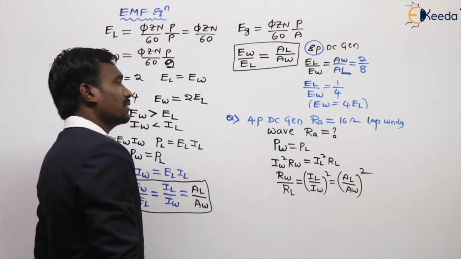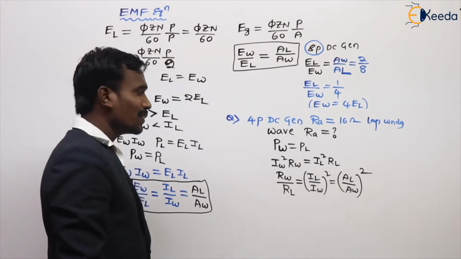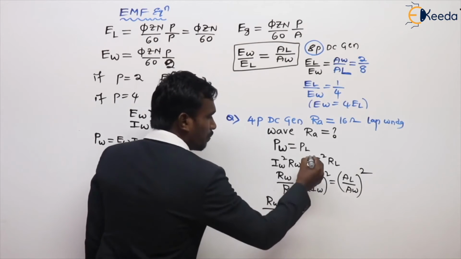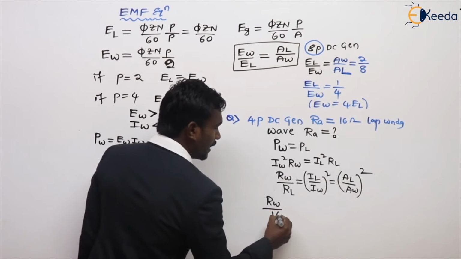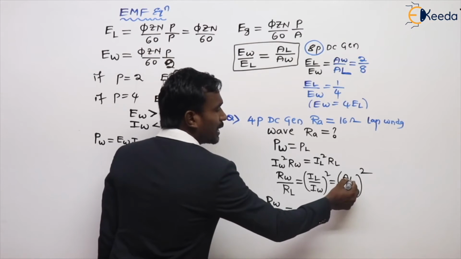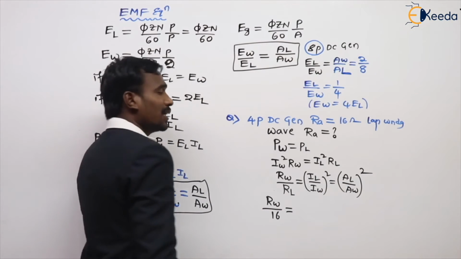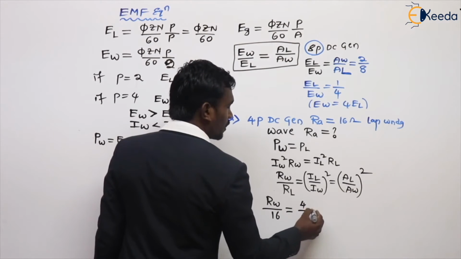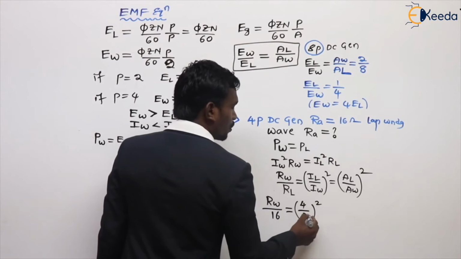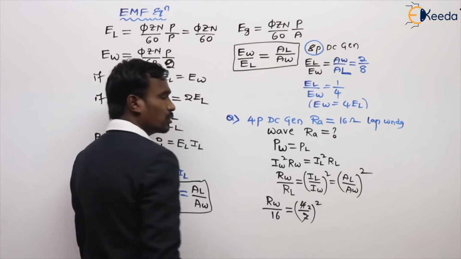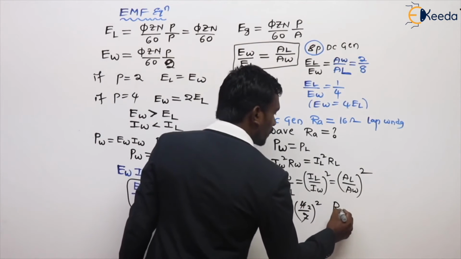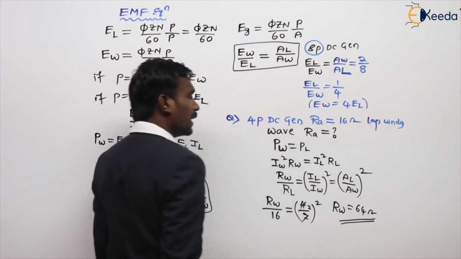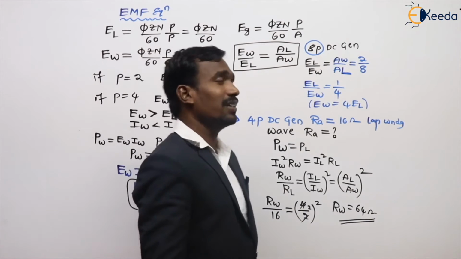This is a very simple question. So tell me the answer. RAW by RAL, given 16, is equal to AL, the number of parallel paths in lap winding, which is the number of poles, by wave winding 2, whole squared. 2 squared is 4. 16 fours are 64 ohms. So in wave winding the armature resistance is 64 ohms.